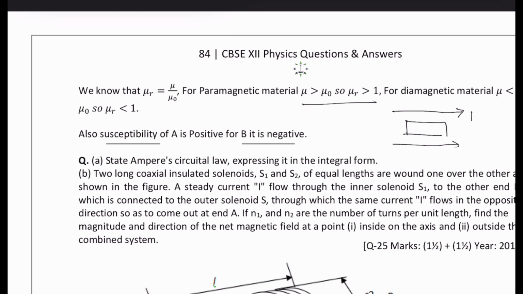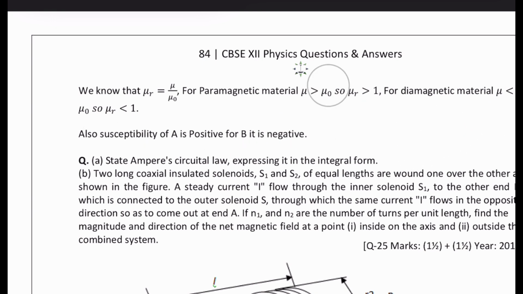If you keep an iron bar here, it develops magnetization. If it develops more magnetization, and retains it even after removal of the external field, we say it is more susceptible, so the susceptibility will be more. This is the physical meaning of susceptibility. It is related to intensity of magnetization. We will explain further if we come across such questions.